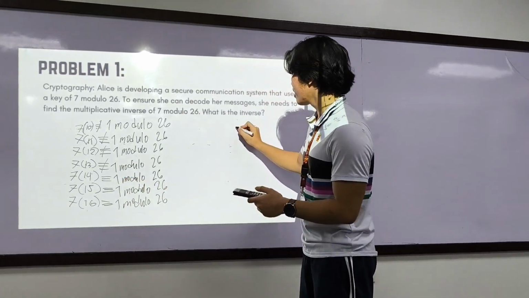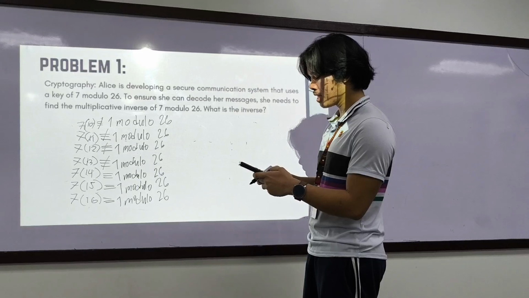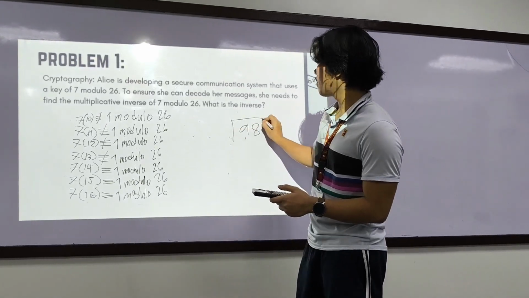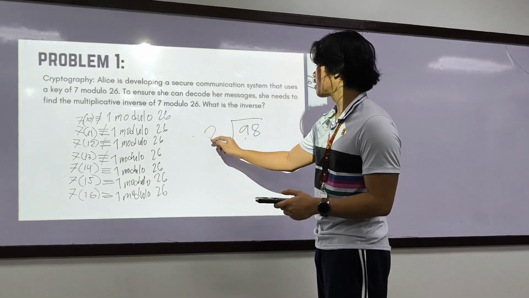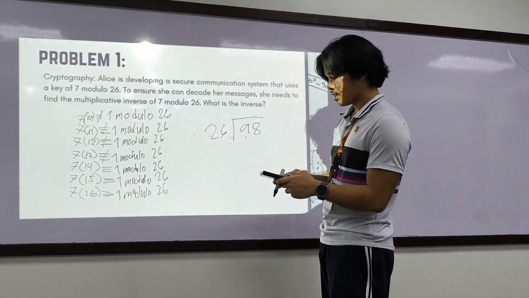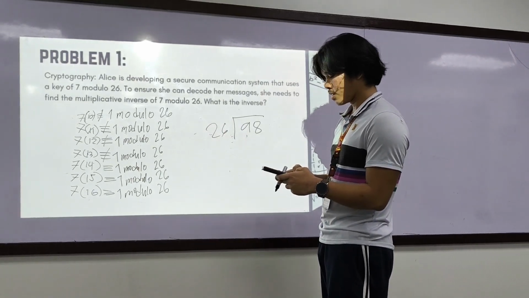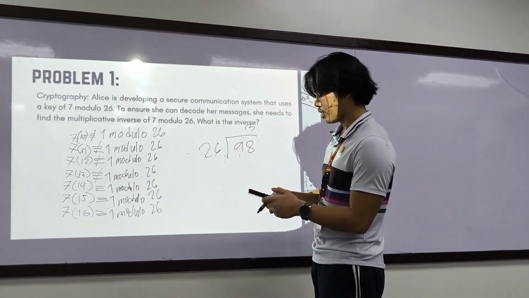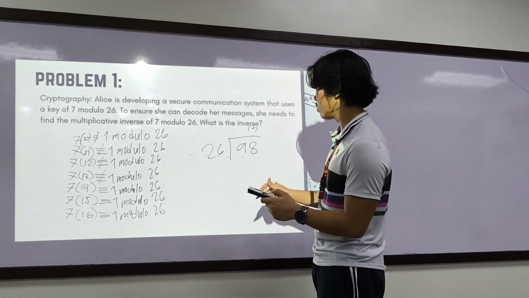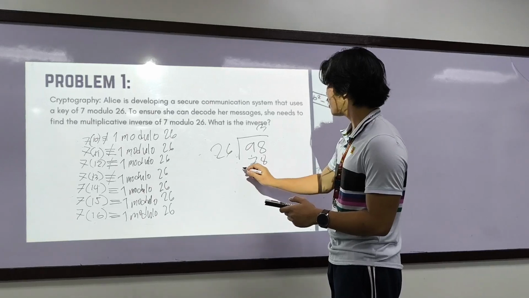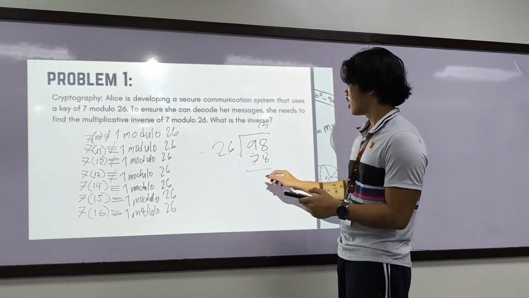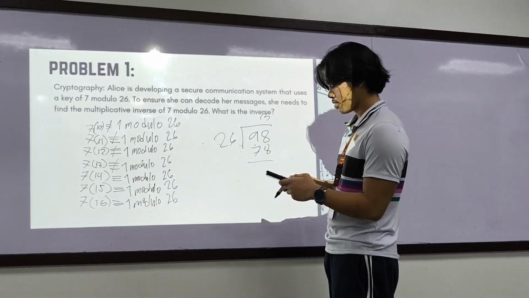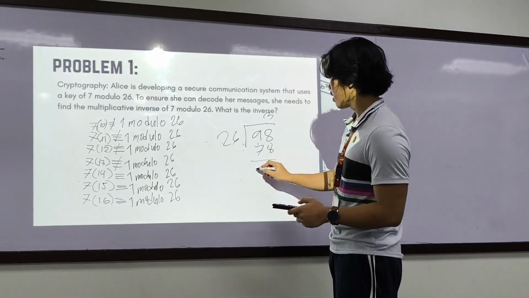So next we have here 14, which is 7 times 14, which is 98. And let's divide 98 by 26. 98 divided by 26 is equal to 3. Still 3. So 3 times 26 is equal to 78, and when we subtract this, we have 20.